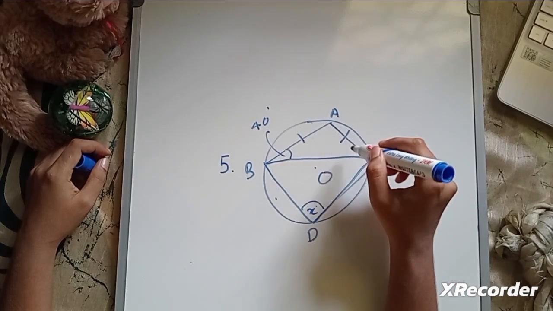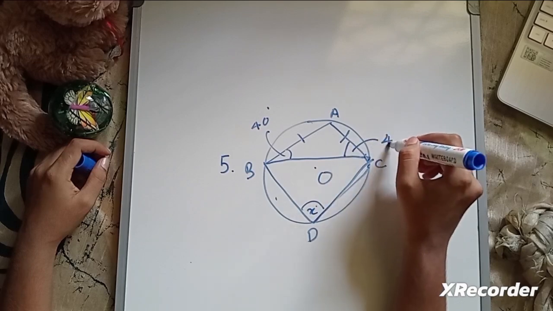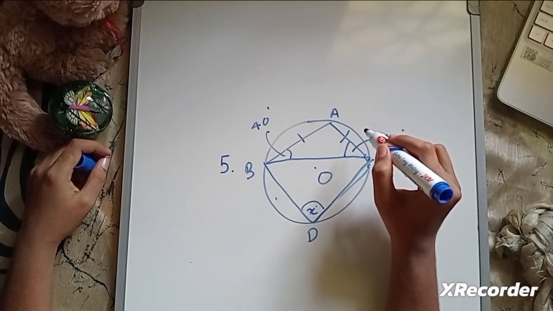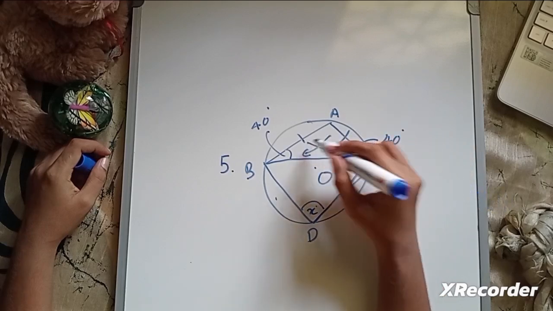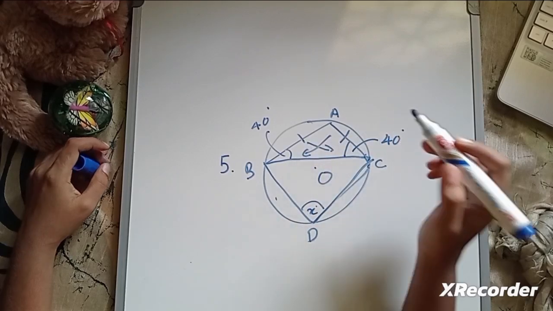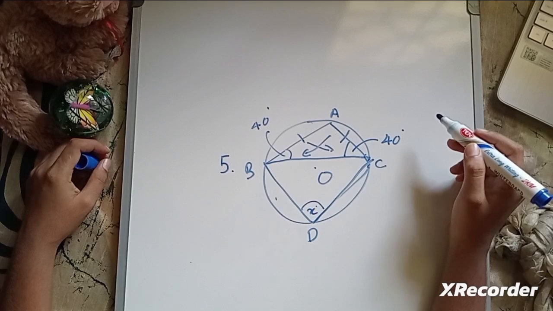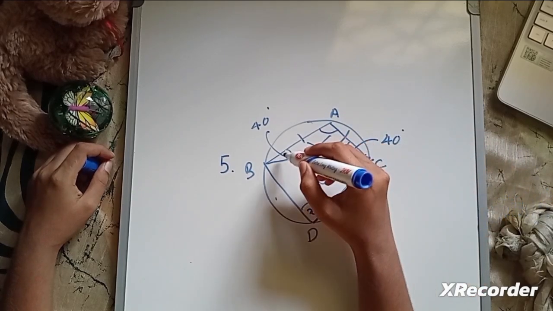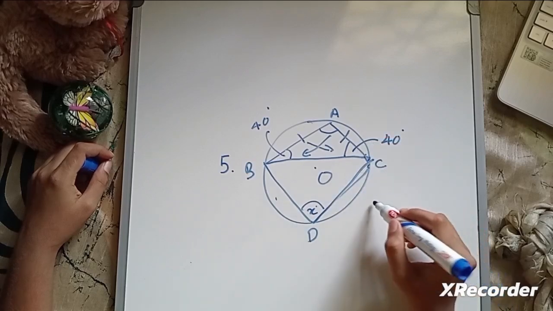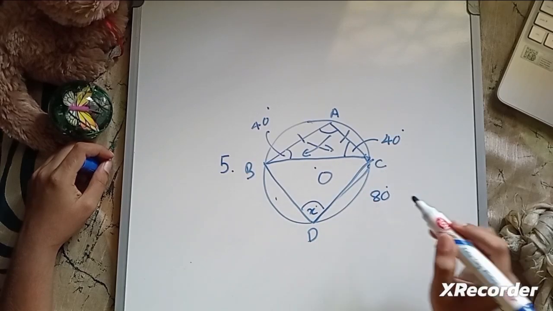Since these are equal, you can say this is also 40 degrees, since angles opposite to equal sides are equal. Then we can find this angle since the sum of these two angles is 80.